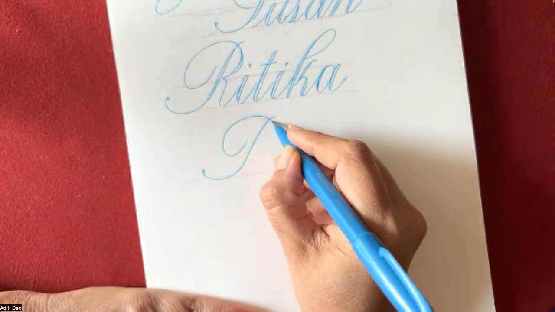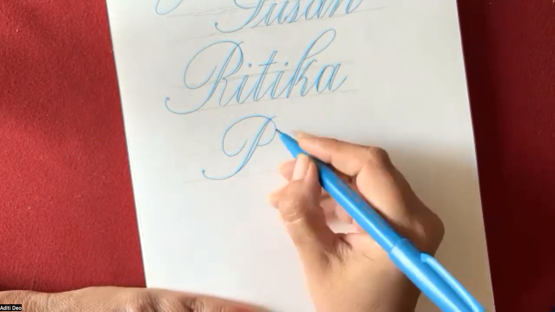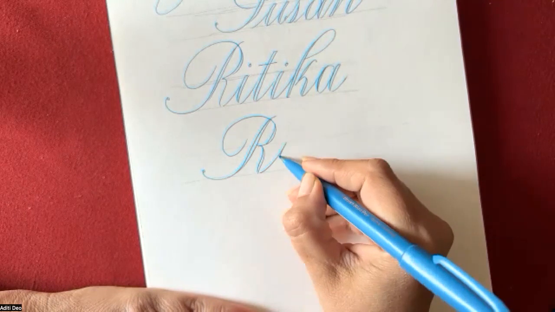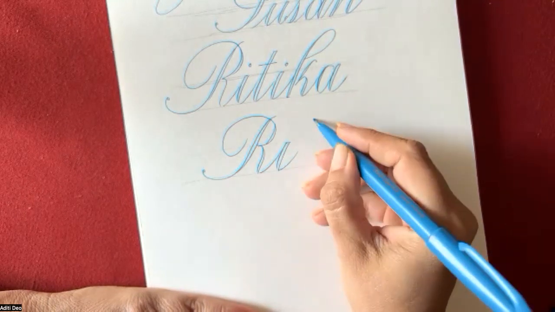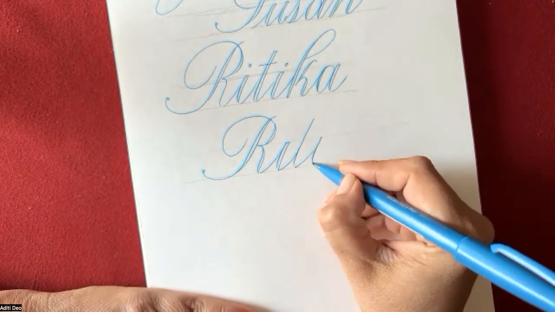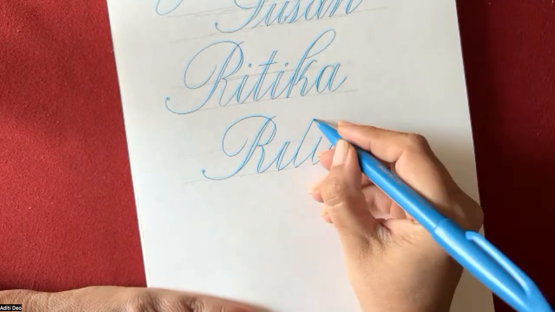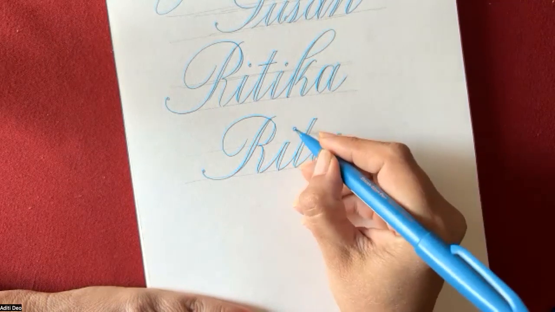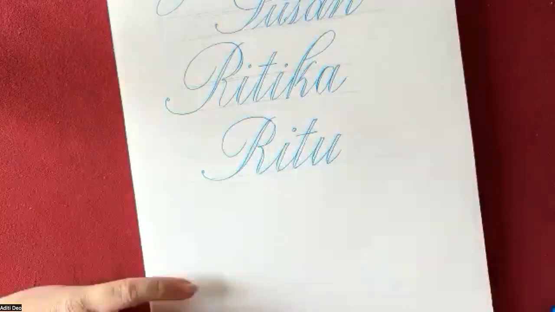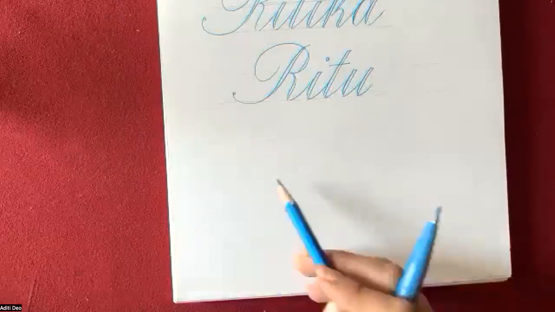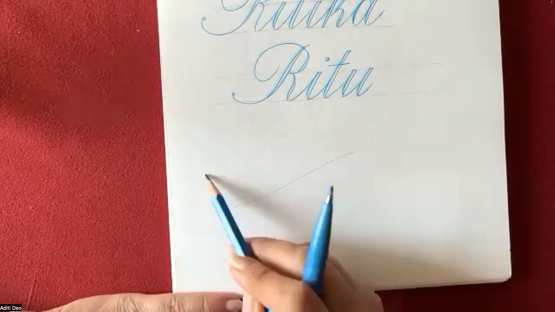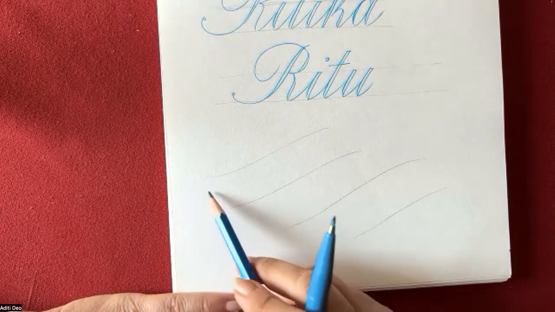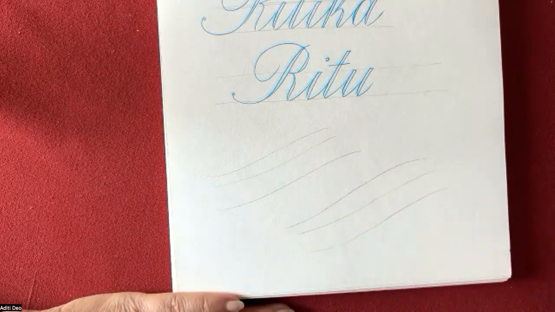Okay, now in this case, see with Ritu's name, or even Ritika's for that matter, the minuscule letters are almost half the size of the capital letters. So even this works. And that lost and found can be done like this. This is not how I made it, but it could be.